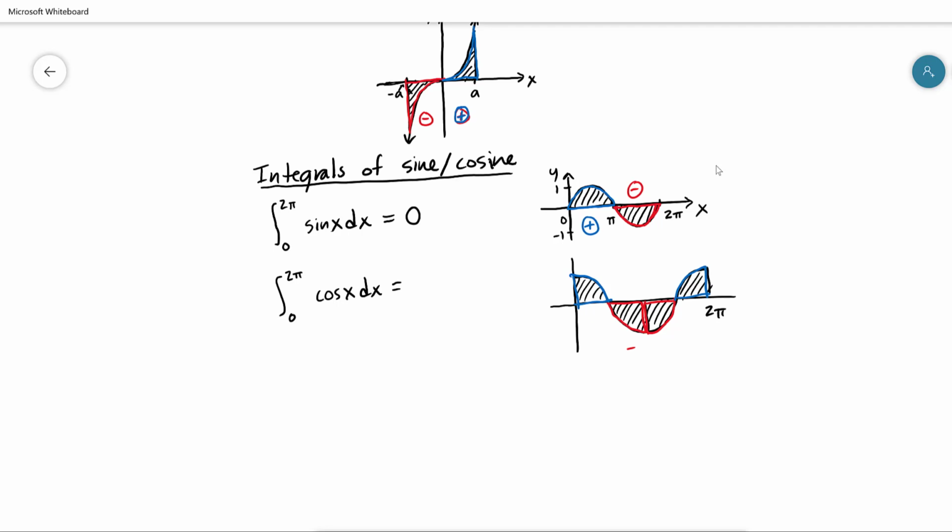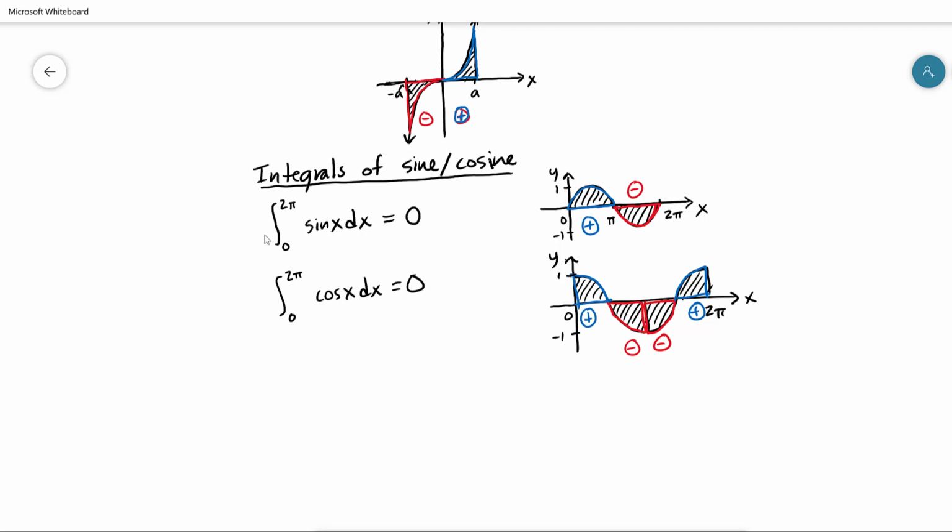Again, negative, negative, positive, positive. This is a height of 1, this is a height of -1, 0, 2 pi, x, y. The total area, adding those pieces up, is going to be 0.